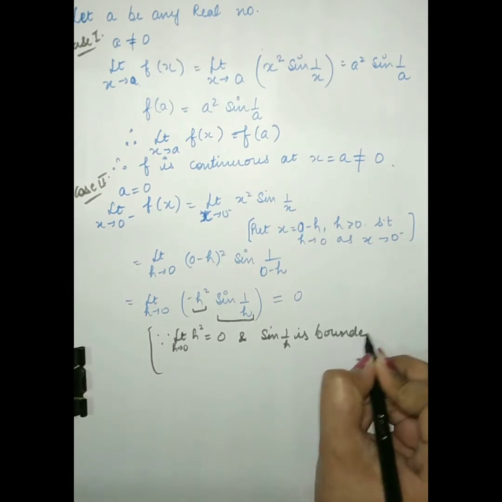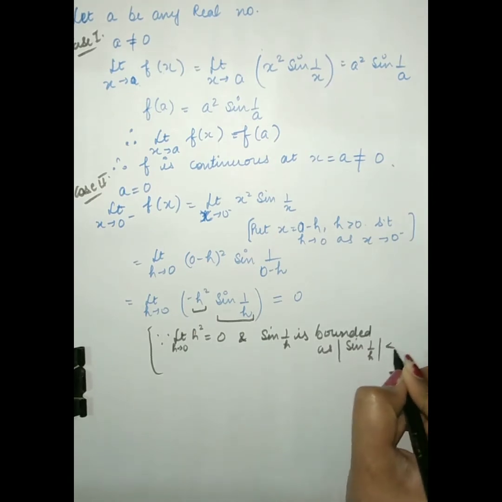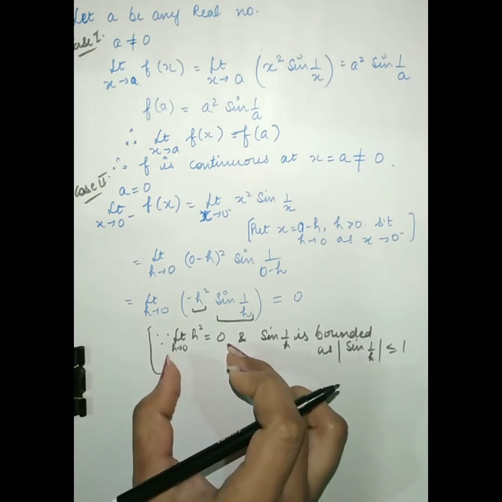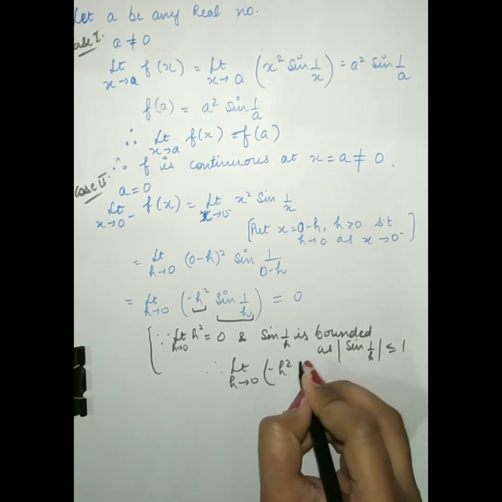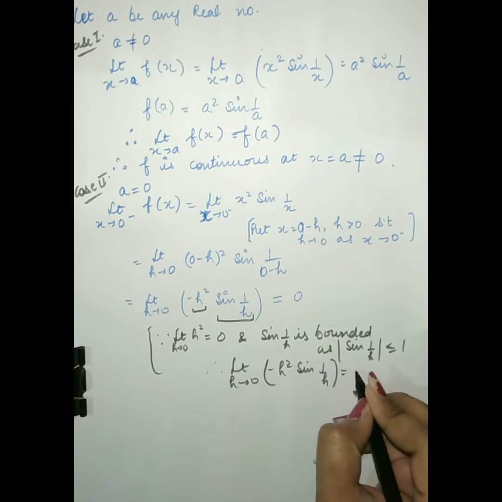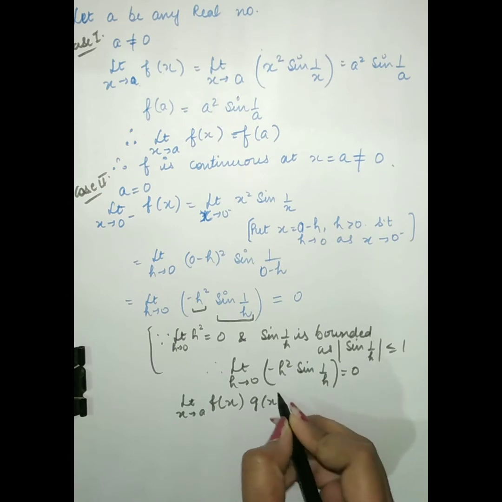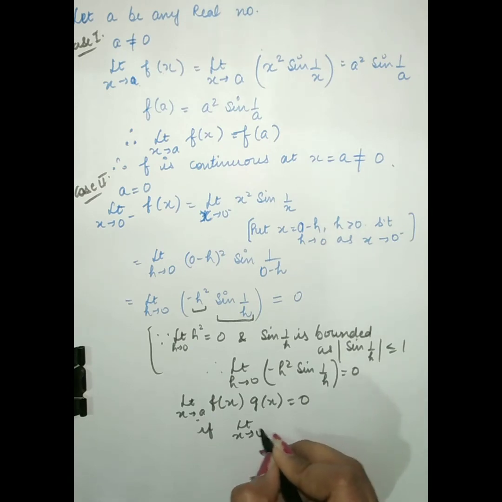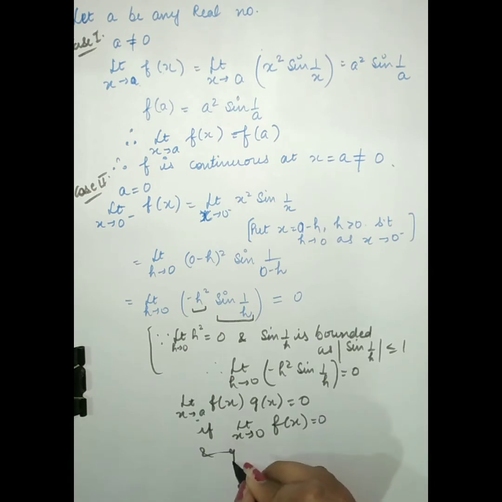This is bounded because the mod of sine 1 by h is always less than or equal to 1. So this is a bounded function, and the other factor equals 0. Therefore limit h approaches 0 of minus h square sine 1 by h equals 0, because we know that limit x approaches a of f of x into g of x equals 0 if limit x approaches a of f of x equals 0 and g of x is bounded.